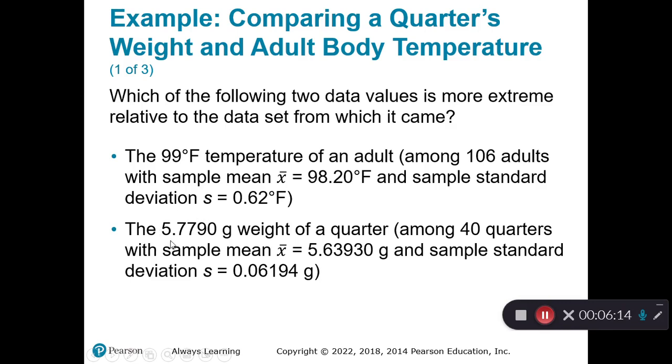So we'll have to see how that weight compares to the mean and to the standard deviation to see if that is within what we would expect, or whether it is so far removed from the mean that we would consider that to be significant. So two separate calculations coming from two separate scenarios, but let's go ahead and practice with the formula.